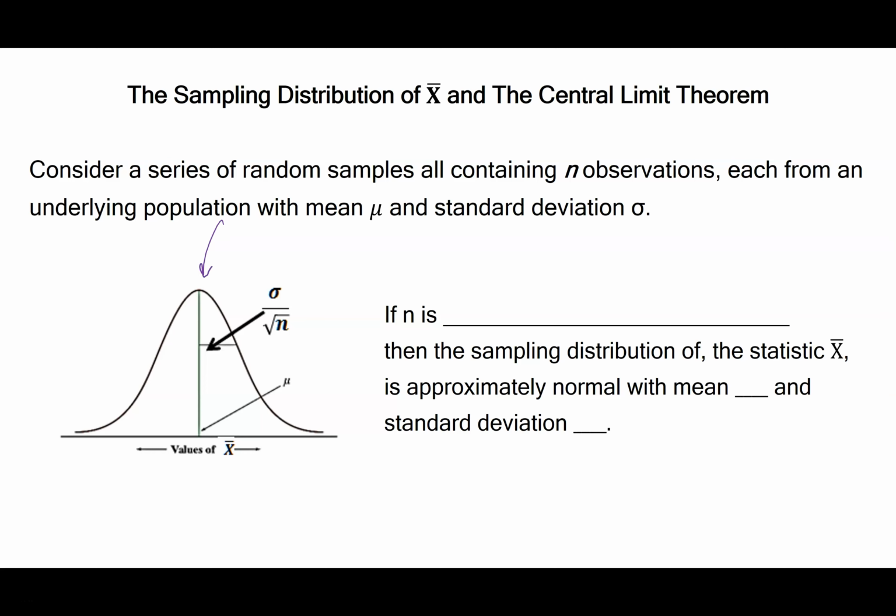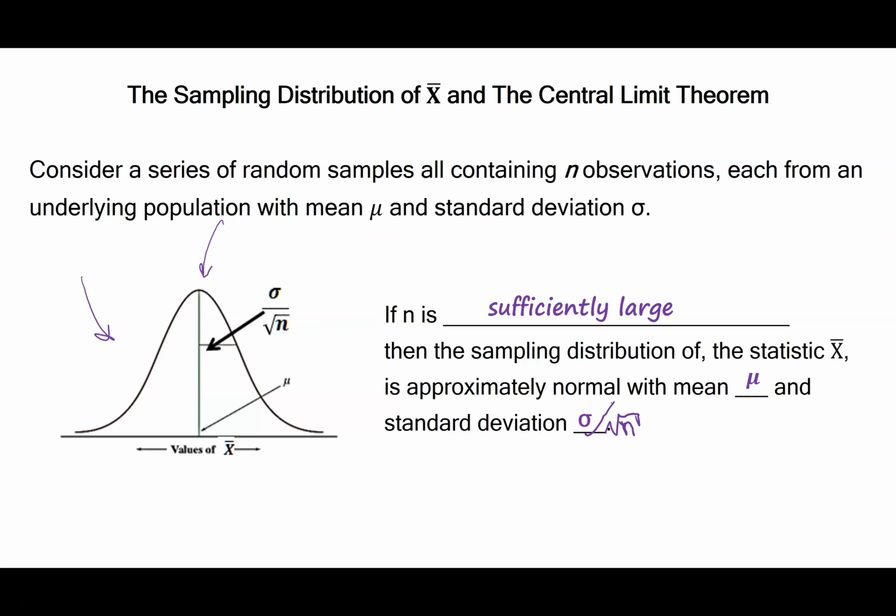If my sample size is big enough, and this is important, so if it's sufficiently large, then I know that the sampling distribution of X bar is going to be roughly normal, so it's going to be this lovely bell shape with a mean of mu, which is nice, it really doesn't change, and a standard deviation of sigma over the square root of n.